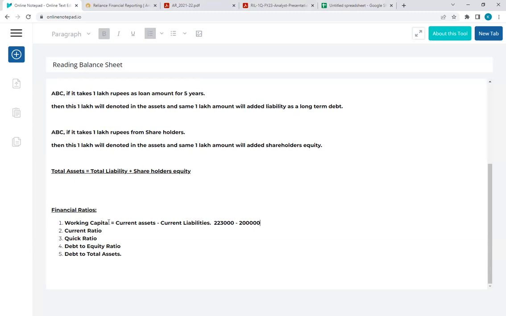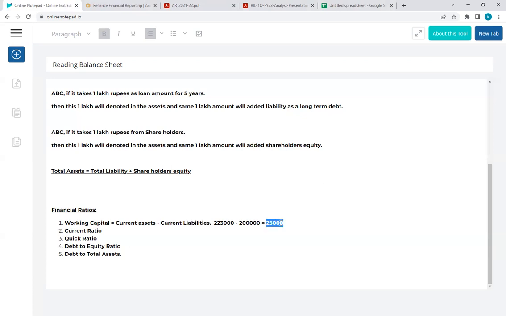So what this ratio is trying to find from these two values is, when I subtract current liabilities from current assets, I get a value of around 23,000. This means the company's ability to pay the current liabilities quickly.